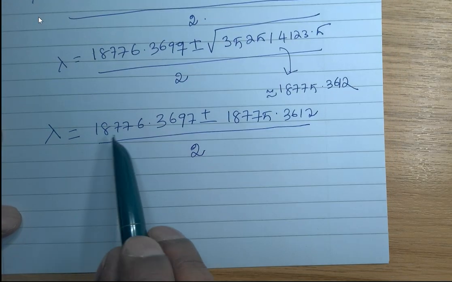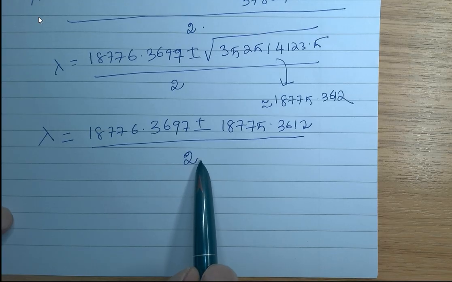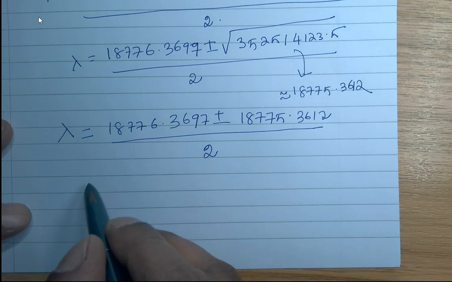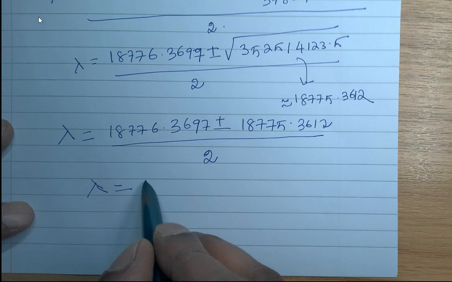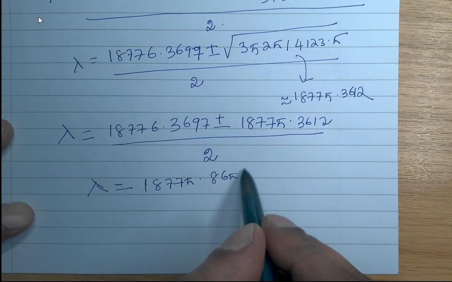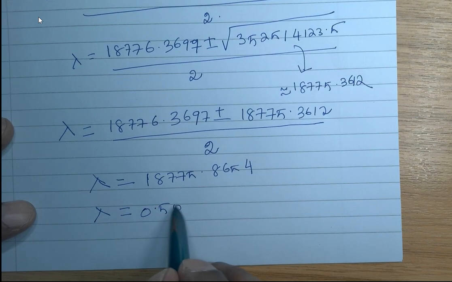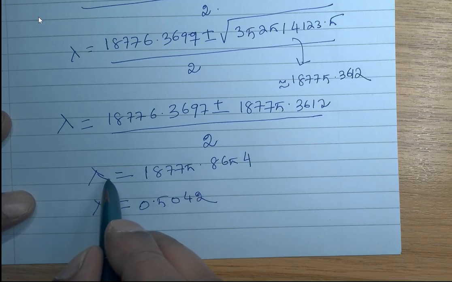So you will get two values, isn't it? One is this value plus this value by 2. Another one is this value minus this value by 2. So you will get two lambda values. One lambda value will be 18775.8654 and another value will be 0.5042.